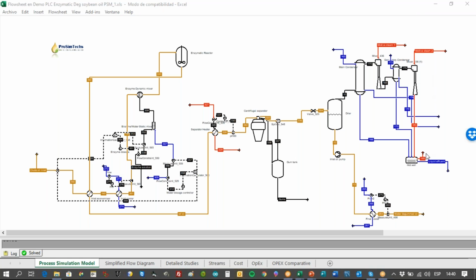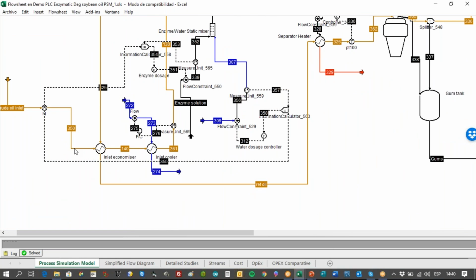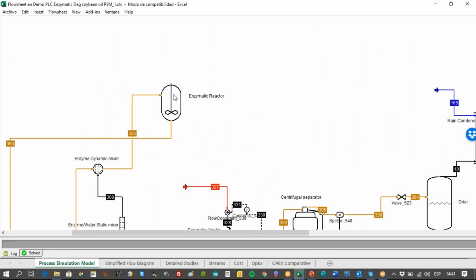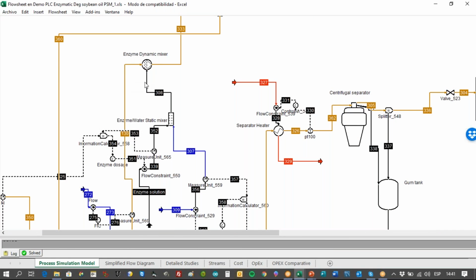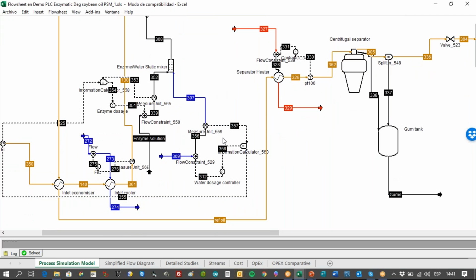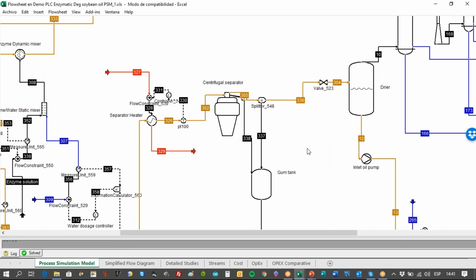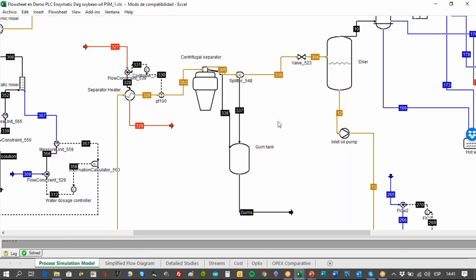Okay, so here we see the first exchanger train with the economizer and the cooler. Here we see the enzymatic reactor, the enzyme addition and the water addition also here, and here we see the centrifuge, where we perform the separation of the oil phase and water phase.